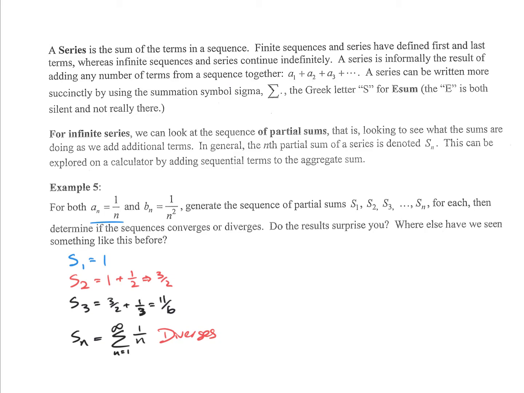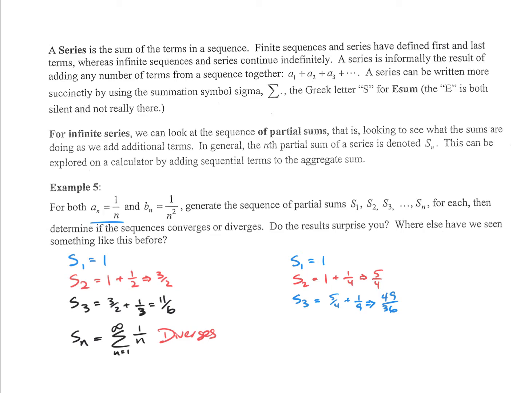All right, let's look at this next one. So now I have 1 over n squared. What's my s sub 1? Still 1. Then what's my s sub 2? 1 plus 1/4, which is how much? 5/4. And then what's my s sub 3? 5/4 plus 1/9, which is 49 over 36.